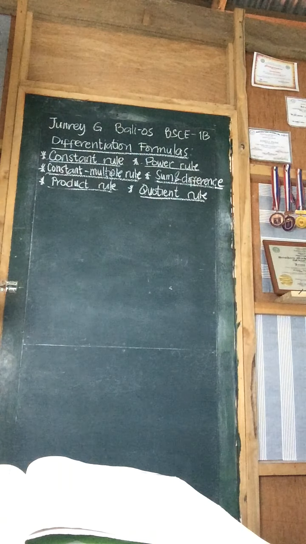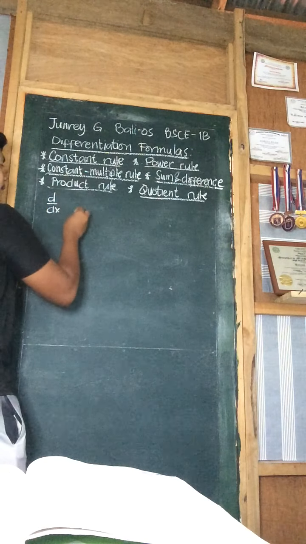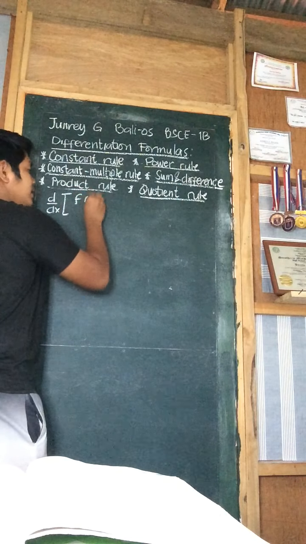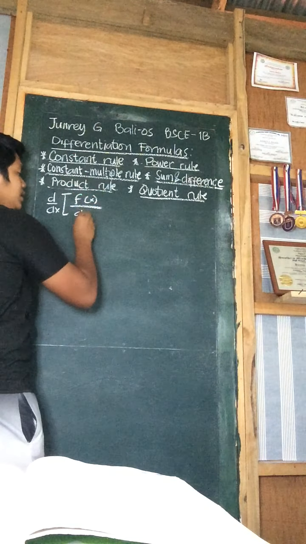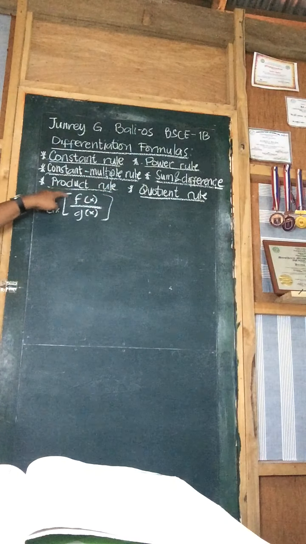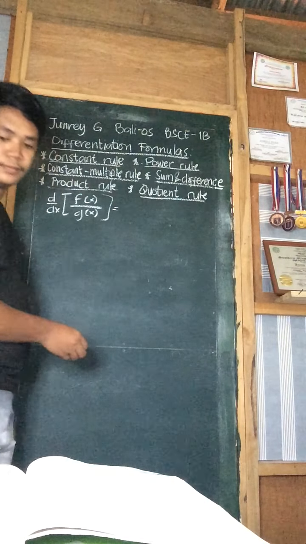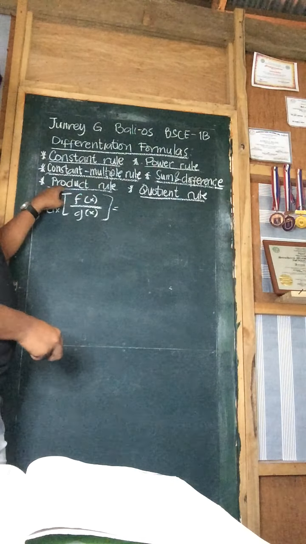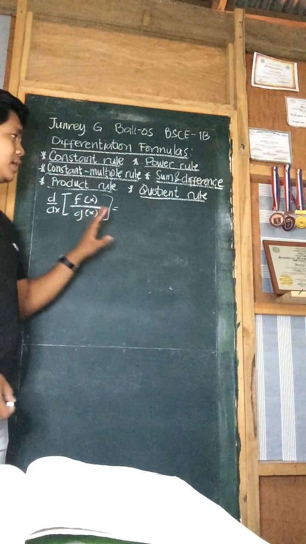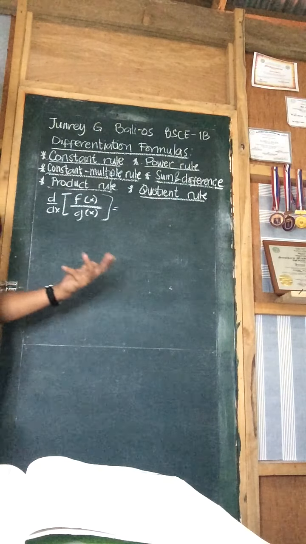So the quotient rule is d over dx of f of x over g of x, or the derivative of f of x divided by g of x. It is equal to, just the same as the product rule, parang pare-pareho lang siya because product and quotient are inverse operations, diba?